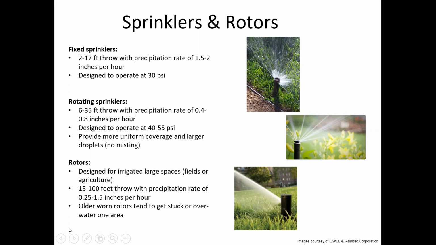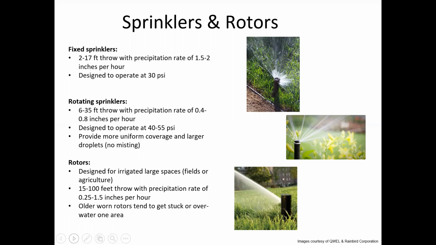The next type of spray that you could see on your lawn or as part of your landscaping are rotors. These are designed for irrigating large spaces like fields or agriculture, and they have a really high throw of up to 100 feet, but a low precipitation rate. One thing to keep in mind with rotors is that as they get old, they tend to get stuck or overwater one area.